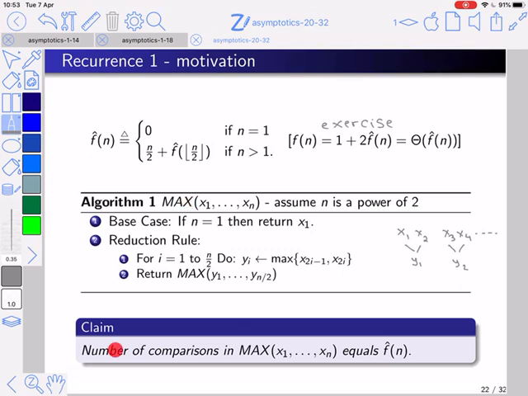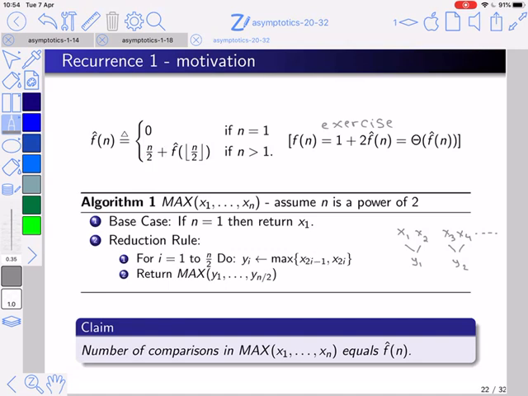The claim is that the number of comparisons that are needed to execute the maximum of n numbers using this procedure equals f hat of n. Let's try to understand why. Well, if n equals 1, then you don't do any comparison, and therefore the number of comparisons is 0. And if n is greater than 1, you do n over 2 comparisons. This is the term that you see over here.